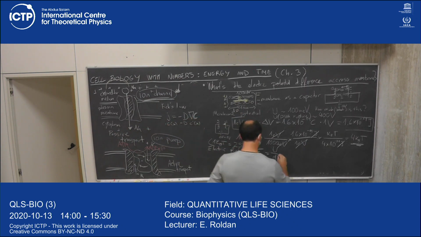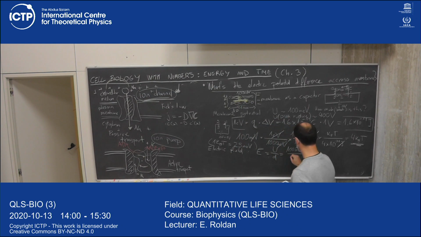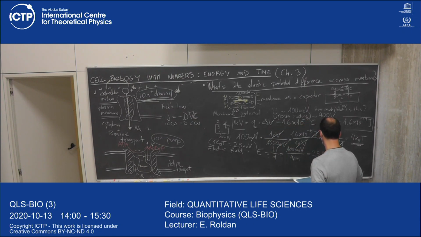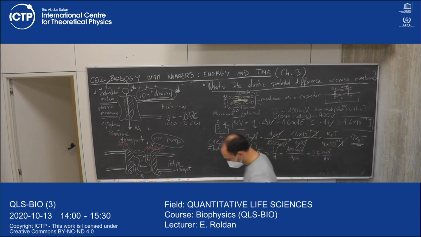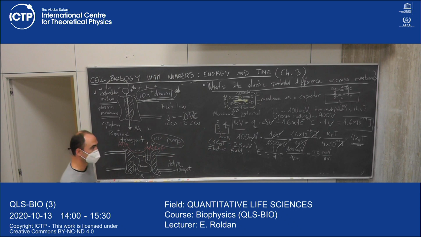And then we say we have 100 millielectron volts divided by 4 nanometers. So we have 25 millielectron volts per nanometer. This is the magnitude of the electric field.